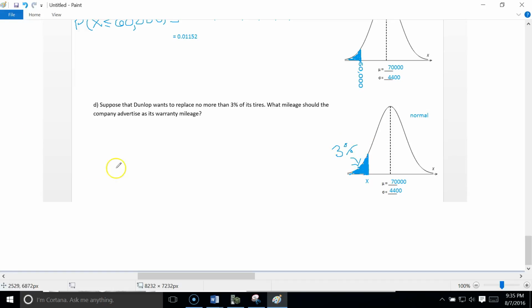So the probability statement we're going to need is that X is going to be equal to, and let's label our calculator function, inv norm of 0.03, 3%, comma, with a mean of 70,000, comma, 4,400.